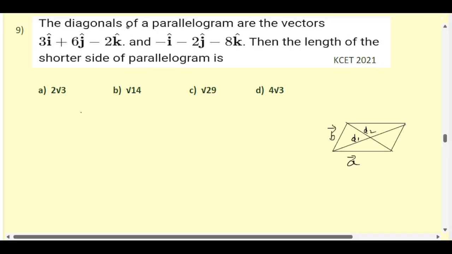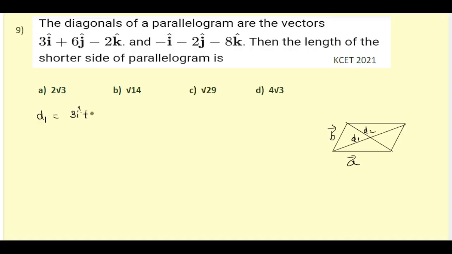Question number 9. The diagonals of a parallelogram are the vectors 3i plus 6j minus 2k and minus i minus 2j minus 8k. Then the length of the shorter side of the parallelogram is. Given the diagonals of the parallelogram, that is d1 equal to 3i vector plus 6j vector minus 2k vector, and d2 is minus i vector minus 2j vector minus 8k vector.